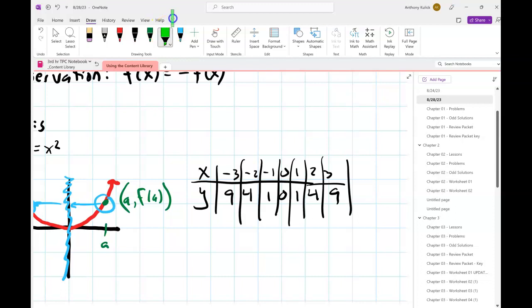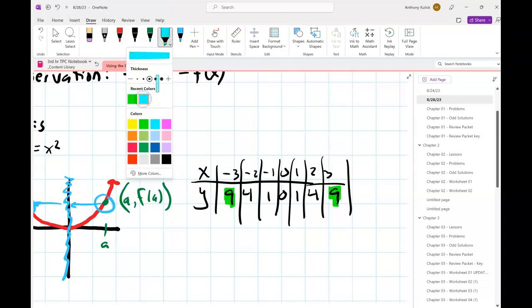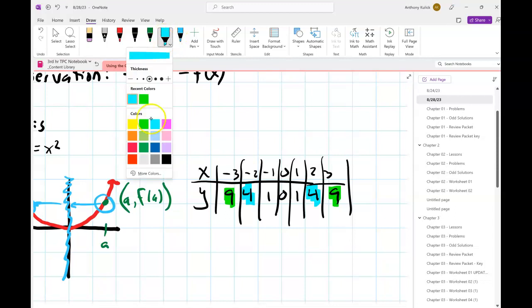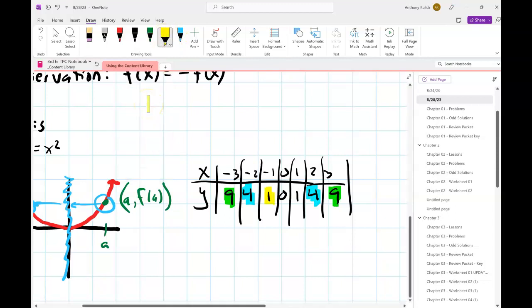We should notice that the y-coordinate for -3 and +3 should be the same. The y-coordinate for -2 and +2 should be the same. The y-coordinate for -1 and +1 should be the same.